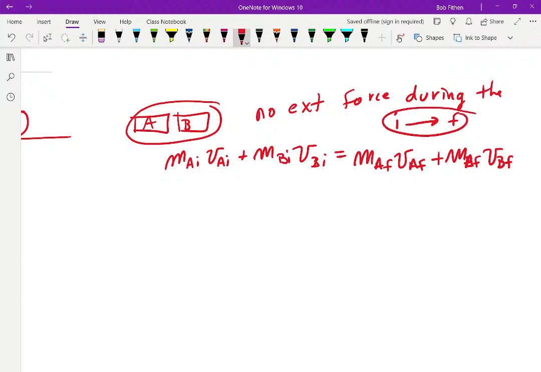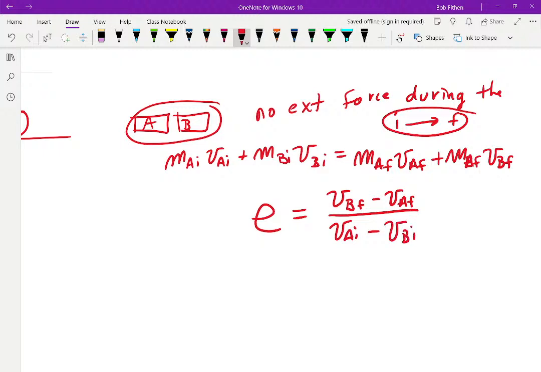Now, this still holds no matter what. And then we have another equation, which is the final velocity difference. It doesn't matter which one you list first: VB final minus VA final equals VA initial minus VB initial.